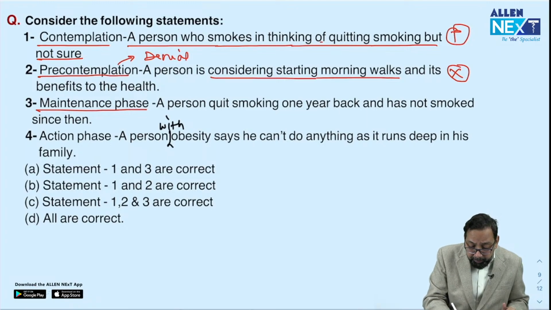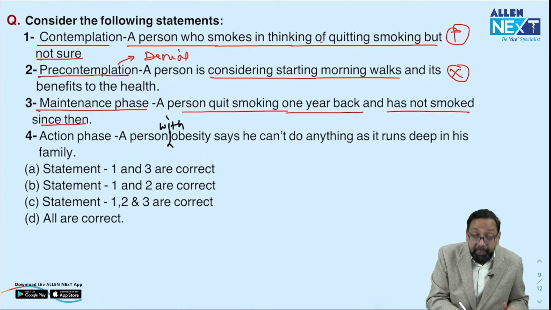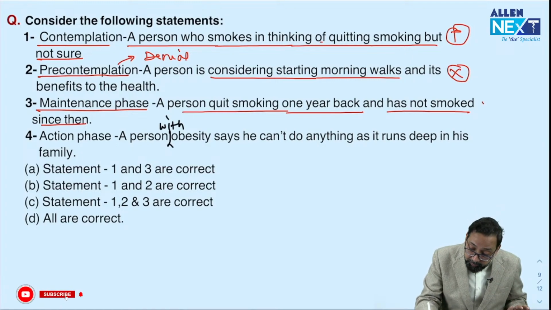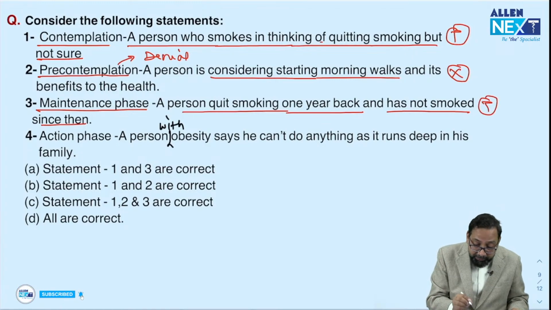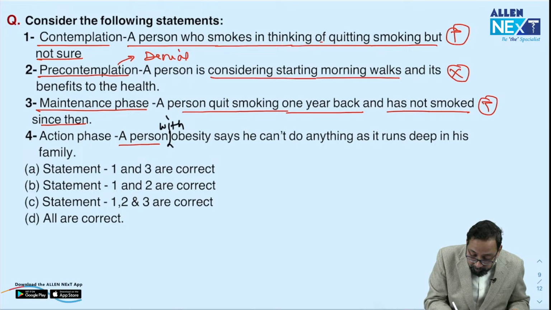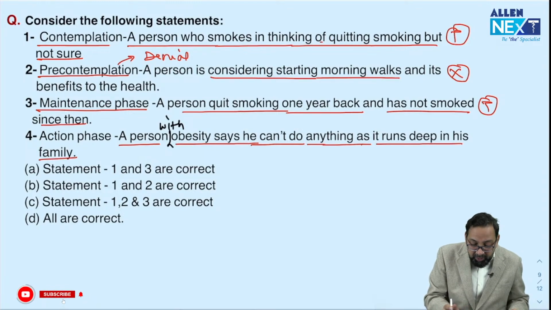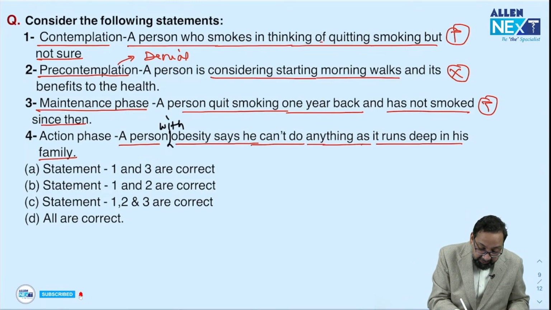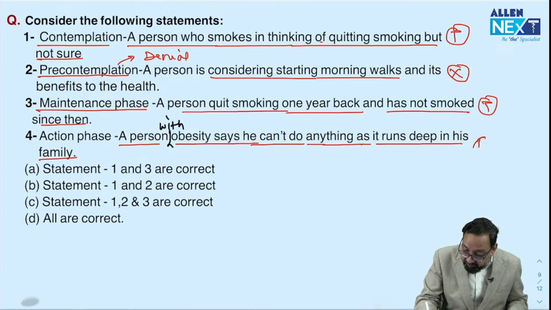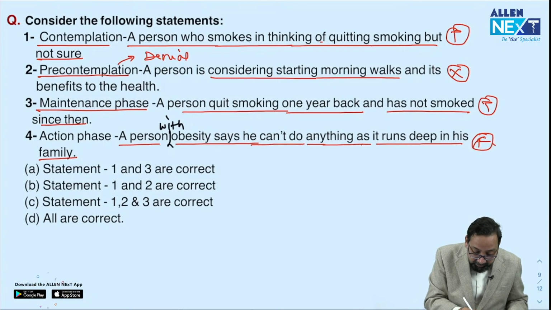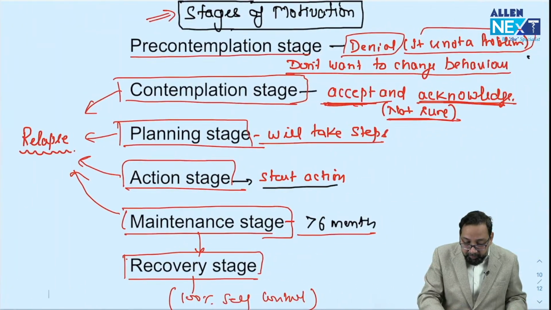Maintenance phase, person quit smoking 1 year back and has not smoked since: more than 6 months, this is true. Action phase, person with obesity says he can't do anything as it runs deep in his family: he is denying, so this is not action phase, false. So the answer is statements 1 and 3 are correct.